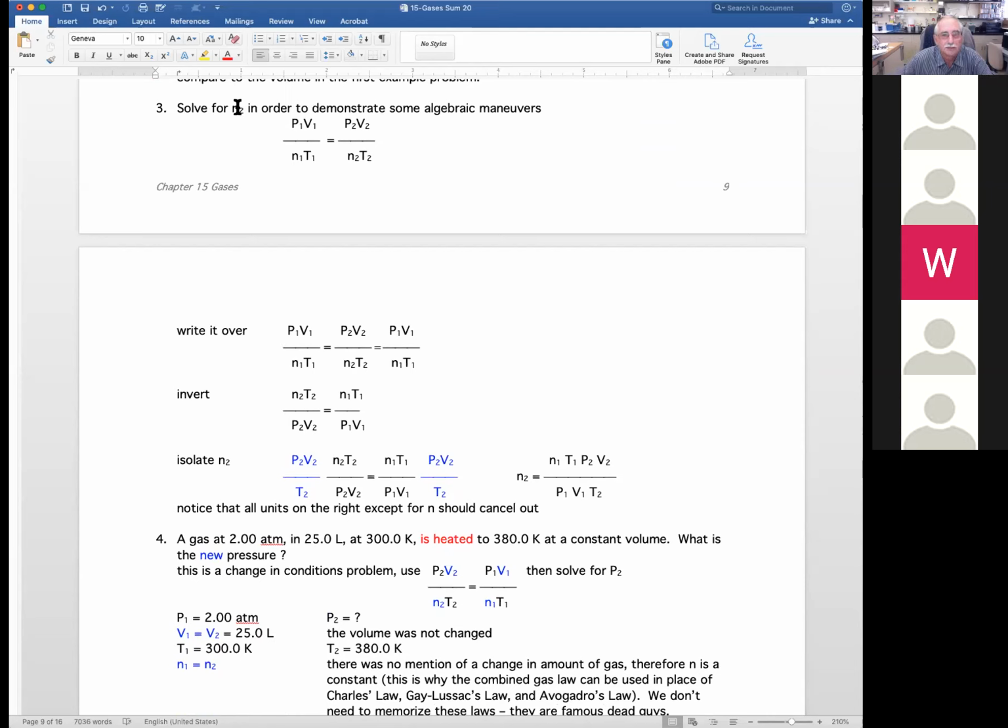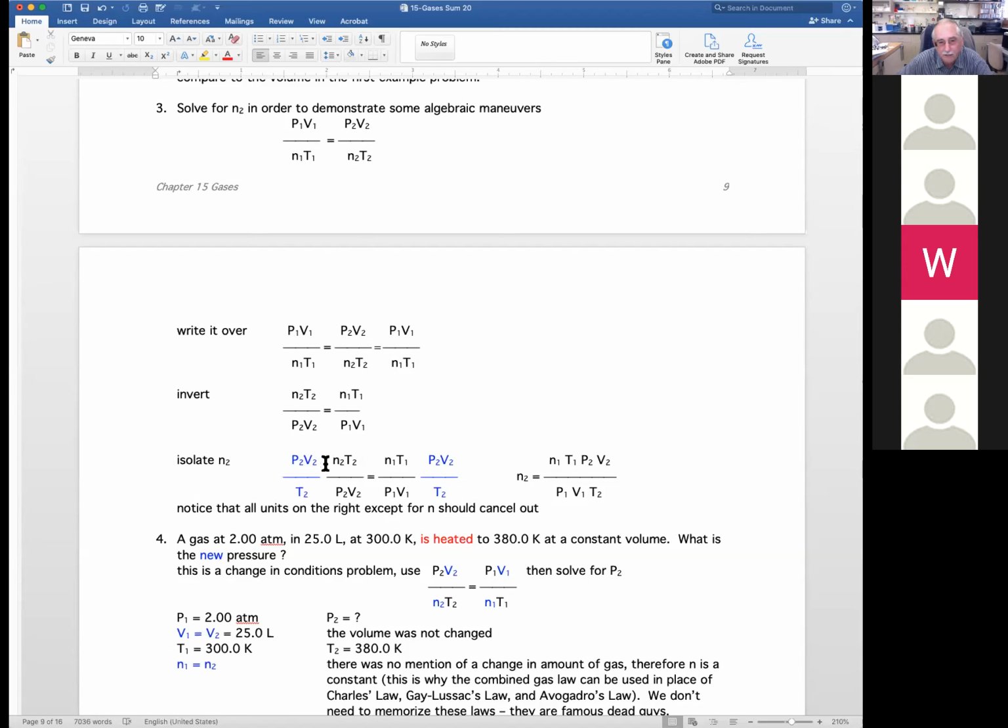So what if we had to solve for n2? Oh my God, that's in exactly the wrong place, isn't it? But if this is equal to this, I can just flip these around. That's exactly what I did over here. Now I can just ignore this. Now I have n on the correct side. And then I can take this right here and simply flip it upside down. Now I have n exactly where I want it, n2.